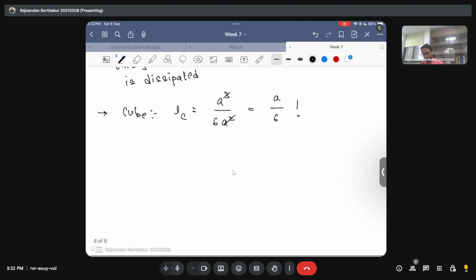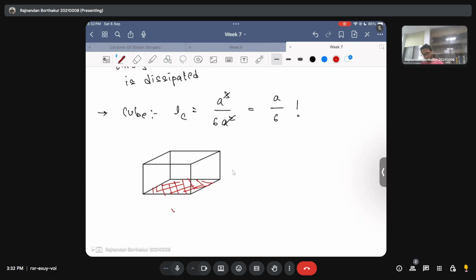But for the same cube, let's say you are looking into a scenario where you are insulating the bottom face.